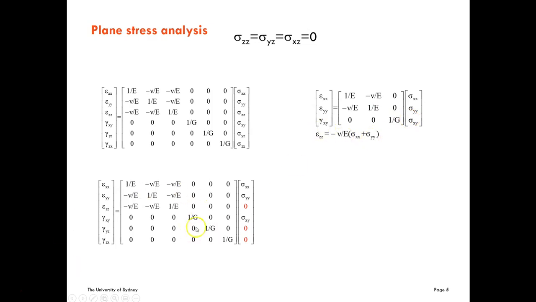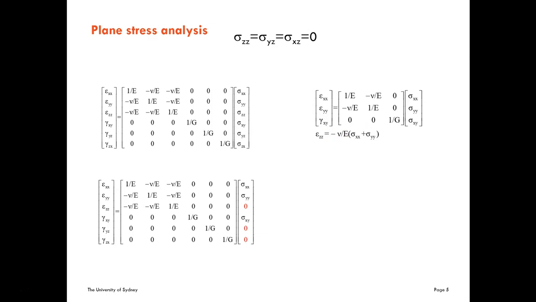So in summary, from all these components of strain, we are going to have 4 components of strain that are going to be non-zero. In particular, you will see that the strain along the z direction is going to be different from 0. This is a particular case of plane stress analysis.